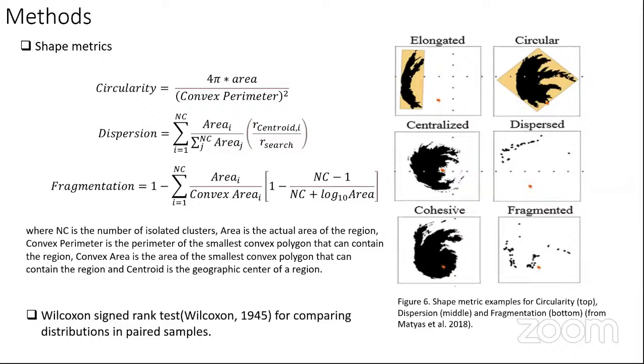After we get these shape metric indexes, we use the Wilcoxon signed rank test, which is also a non-parametric test, to compare the distribution in the paired samples.